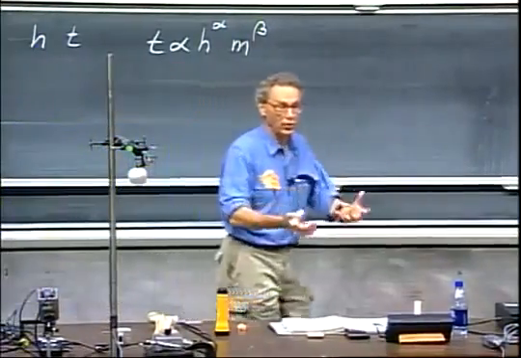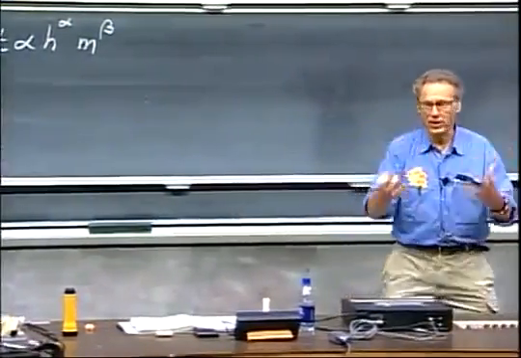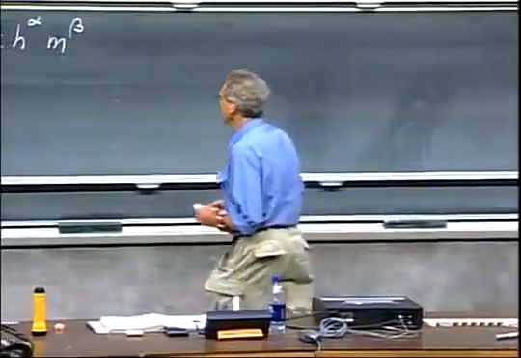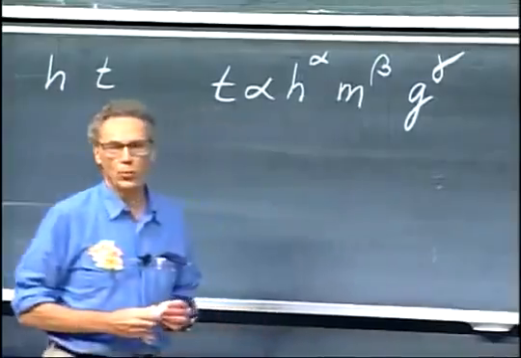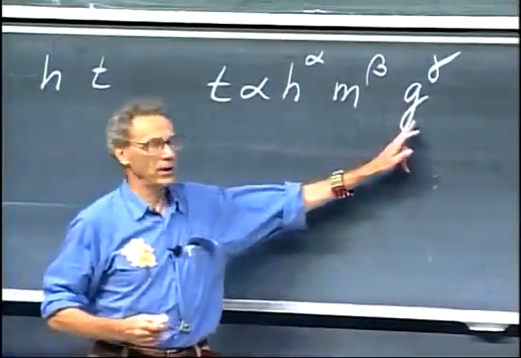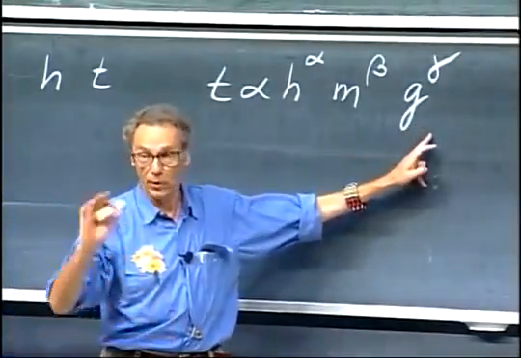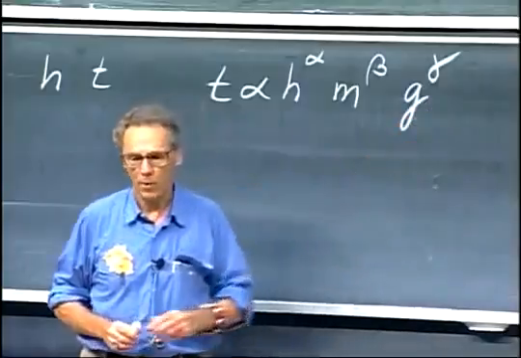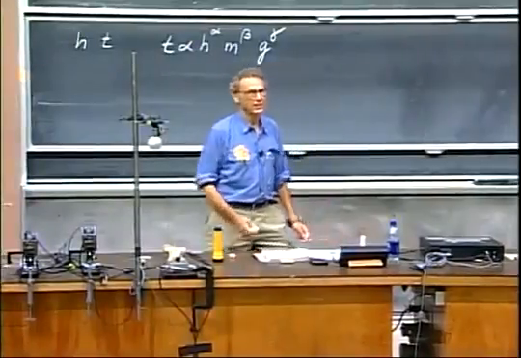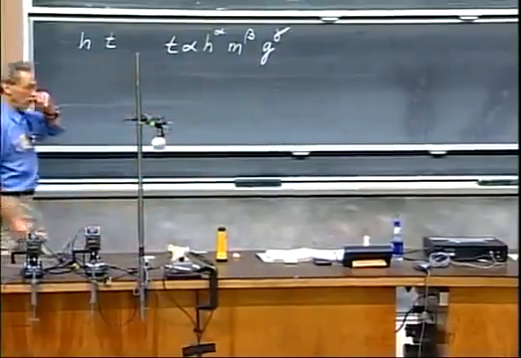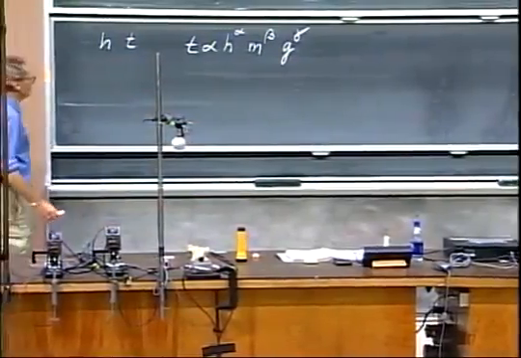There is the Earth's gravitational pull, the gravitational acceleration of the Earth. So let's introduce that too, and let's assume that that time is also proportional to the gravitational acceleration. This is an acceleration, we'll learn a lot more about that, to the power gamma. Having said this, we can now do what's called in physics a dimensional analysis.